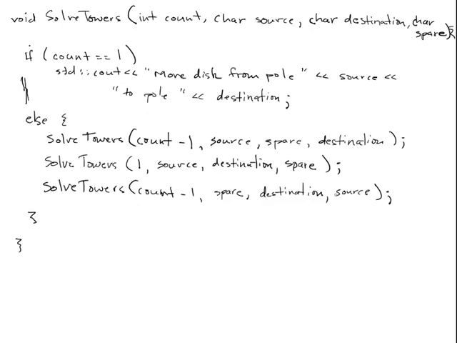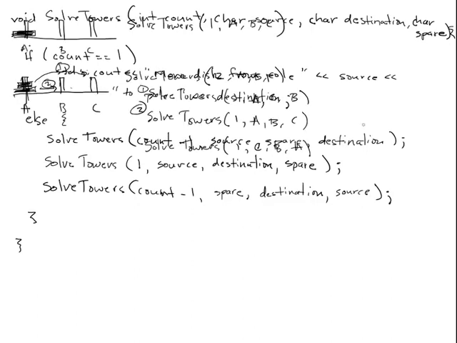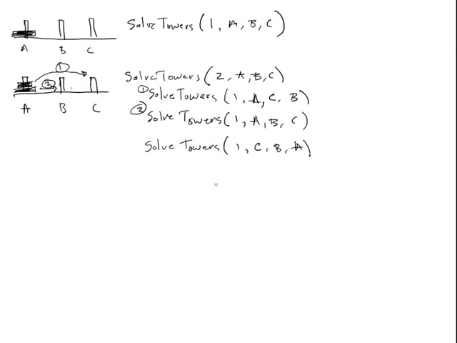Source, destination, spare. Perfect. Okay. So if we go ahead and take a look at this, this is going to say move disk from pole C to pole B, and that's in fact what our third move will have to be.